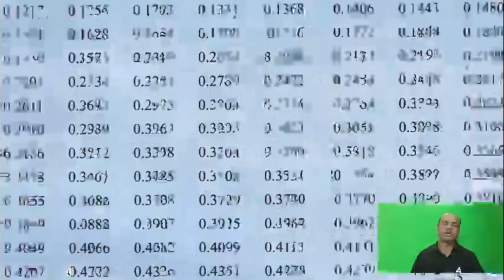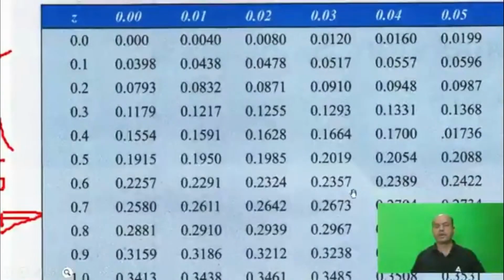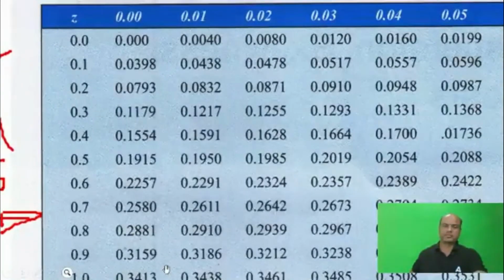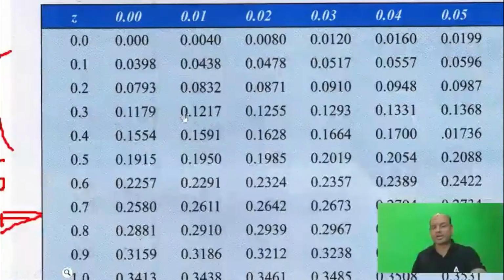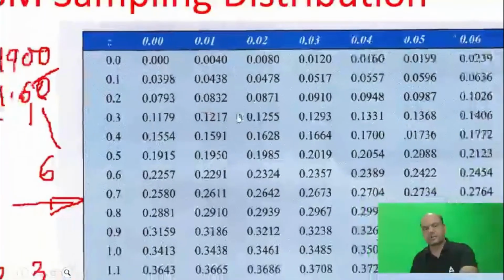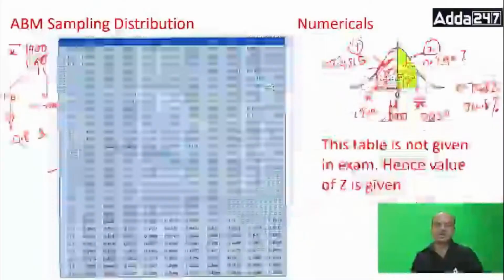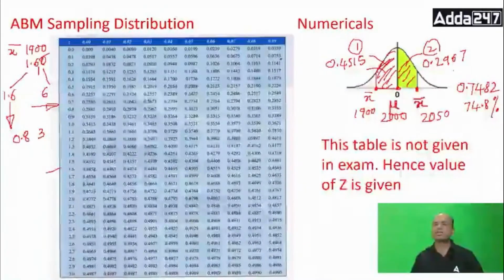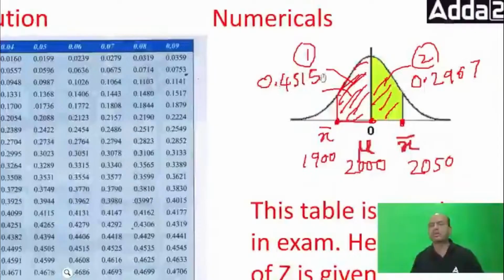Let me see how many of you can get this. What are you getting? 0.2967. Okay, see this. The answer over here is 0.2967 on this side and 0.4515 on this side.